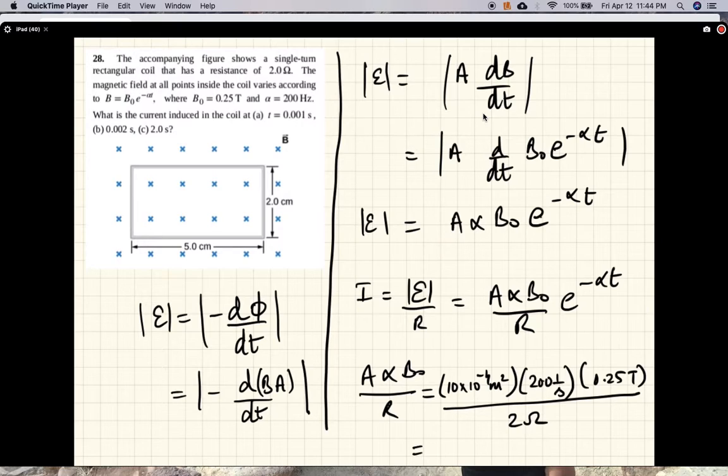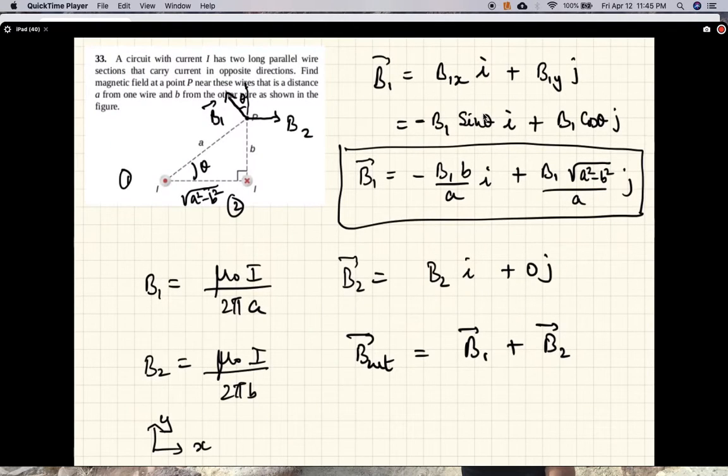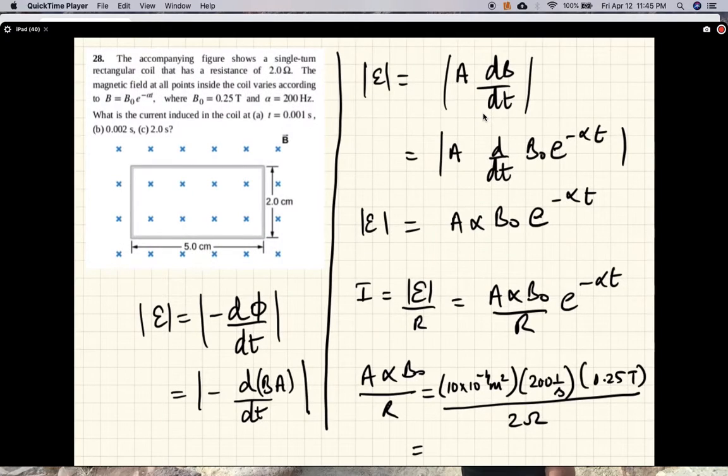And this works out to, well, this is current, so the units should work out to amps. Let's take care of powers of 10.